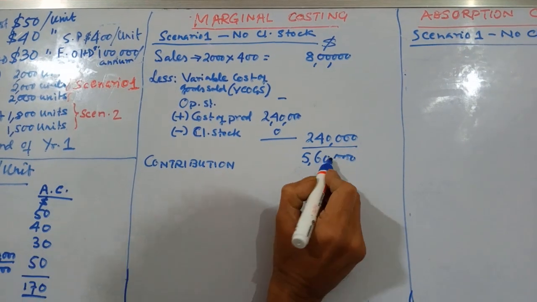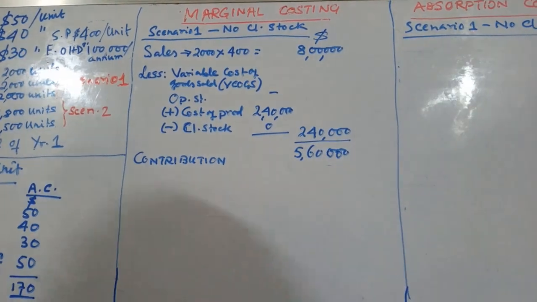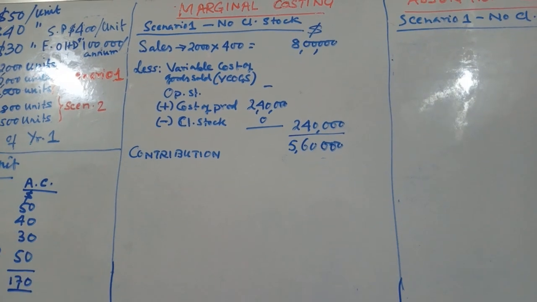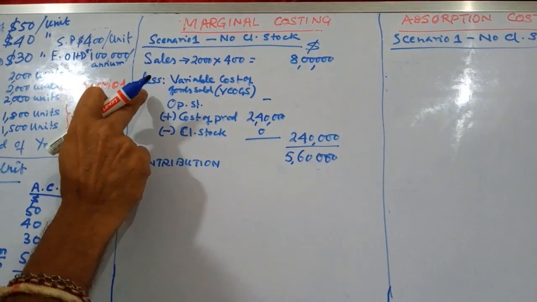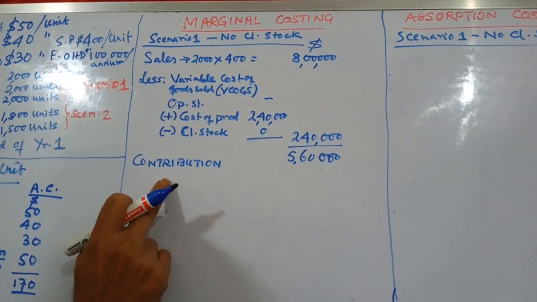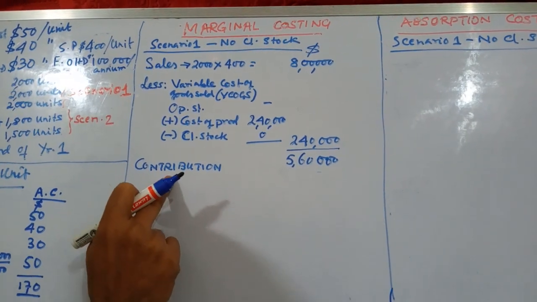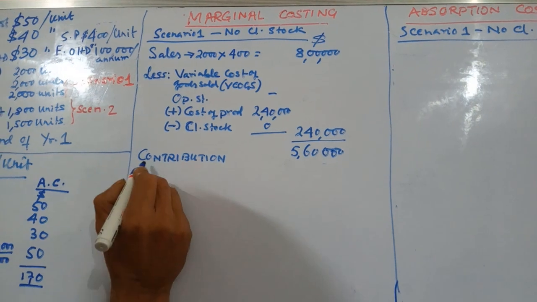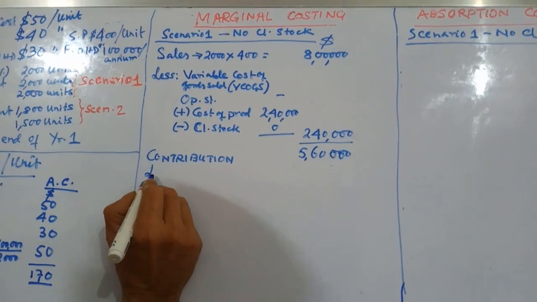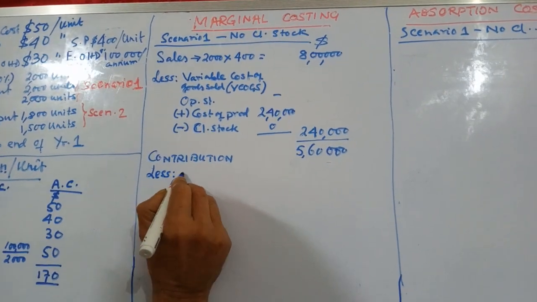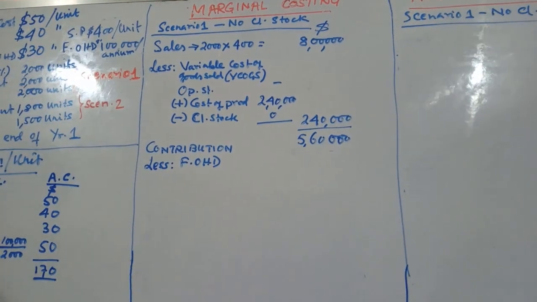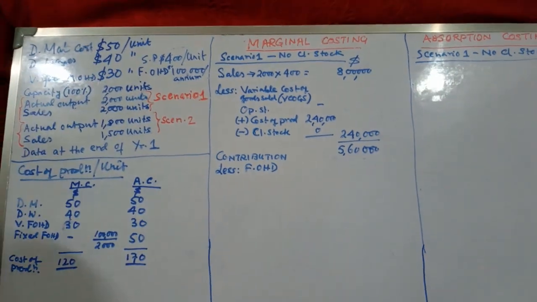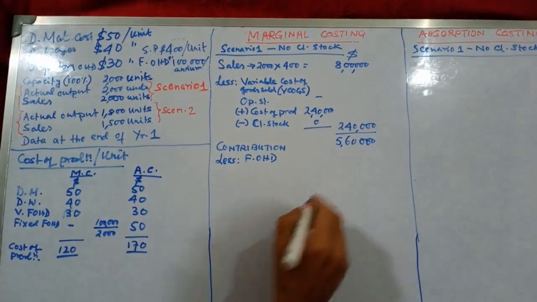Do not put double line. Now, what is the marginal costing formula? Sales minus variable cost is contribution, and contribution minus fixed cost is profit. So we have to deduct fixed cost at this stage, less fixed overhead. How much is the fixed overhead? 100,000.